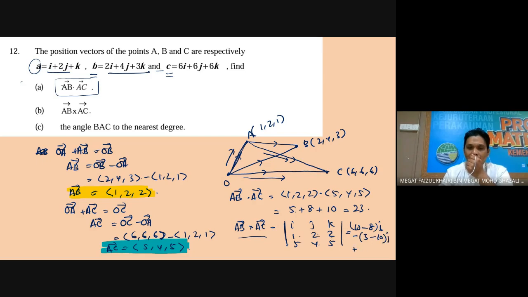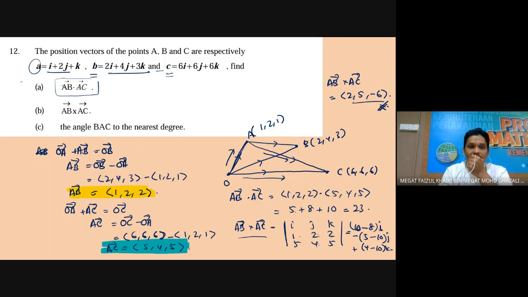Plus, for k, 1 times 4 equals 4 minus 2 times 5 equals 10. So AB cross AC equals negative, okay, 10 minus 8 equals 2. Then 5 minus 10 equals negative 5, and with the negative outside it becomes positive 5. Then 4 minus 10 equals negative 6. There you go. So AB cross AC equals 2i plus 5j minus 6k.